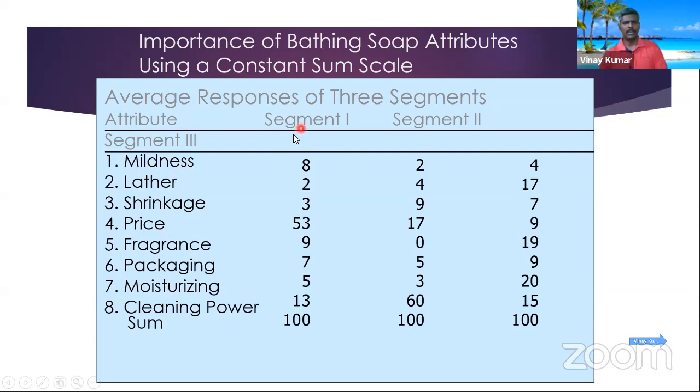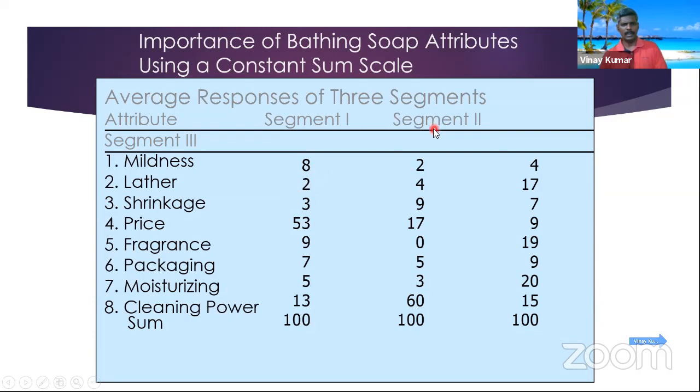And here we see different segments of customers which are selected to measure the attributes of this product. So here in segment 1, we can see price is given the highest points, meaning they are price sensitive. And the lowest point is given to lather. So that is occupying the least preference in attributing the object.